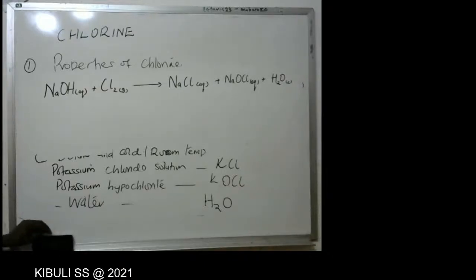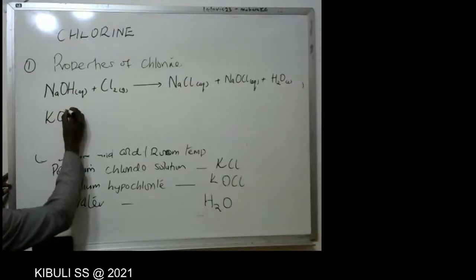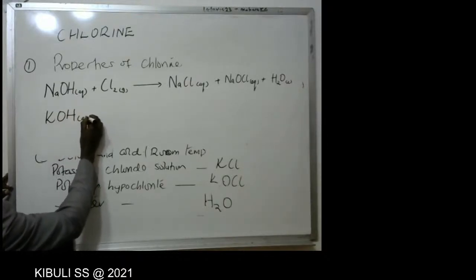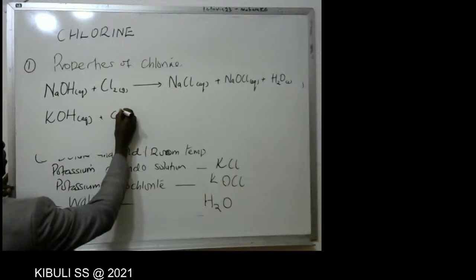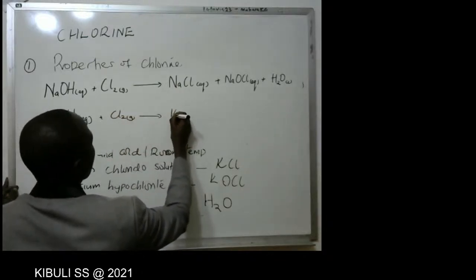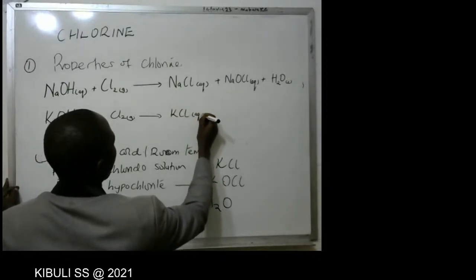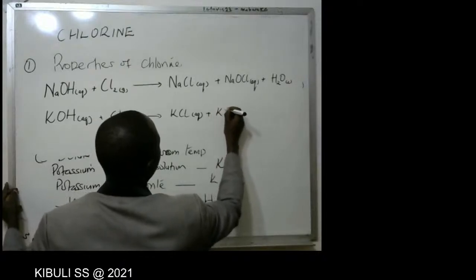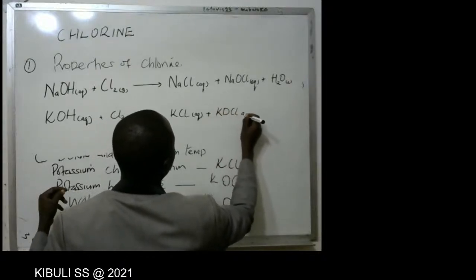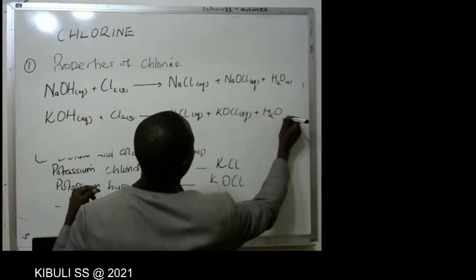So what is my equation, the chemical equation here? The chemical equation is potassium hydroxide, that is aqueous, plus chlorine, that is a gas, is giving us potassium chloride, that is aqueous, plus potassium hypochlorite, that is aqueous, plus water, that is a liquid.